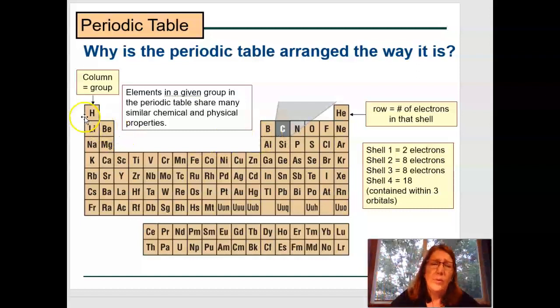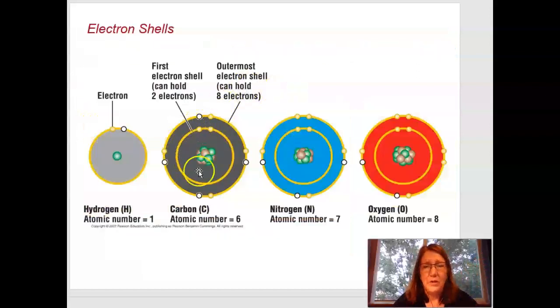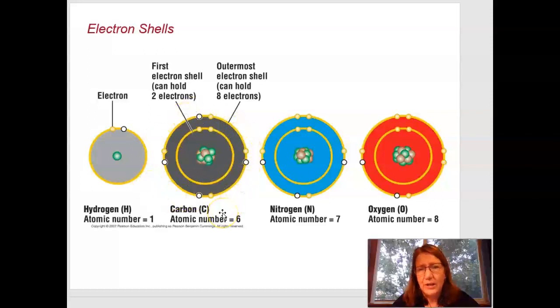So we know that the first shell has 2, and then we've got 1, 2, 3, 4 in the second shell. So we've got 2 in that first shell, and we have 4 in the outer shell. Now the filled spots, the yellow spots here, mean that an electron is there. When you have a white hole with black around it, that means that it's empty.